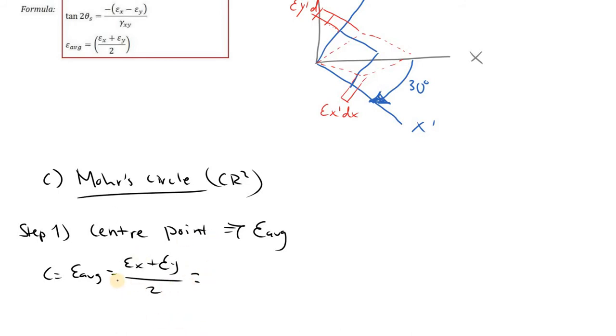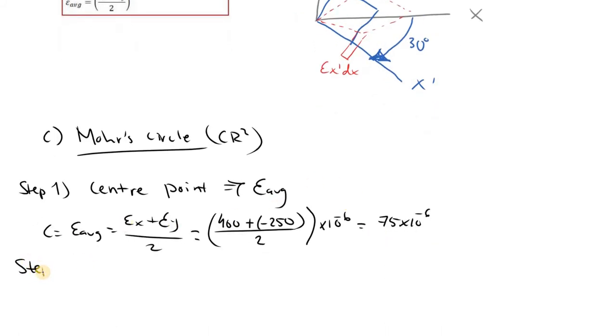Recall the stress, it was the stress in X and stress in Y, pretty much the same. So 400 plus minus 250, divided by 2. All these values are 10 to the power of negative 6. Just to save me a bit of work, I'll put that on the outside. So 75 times 10 to the negative 6.